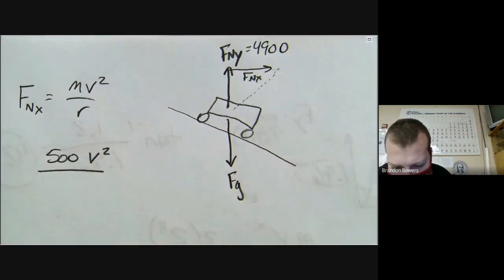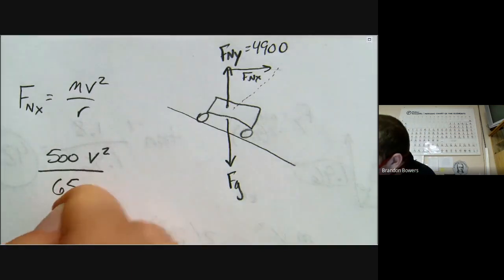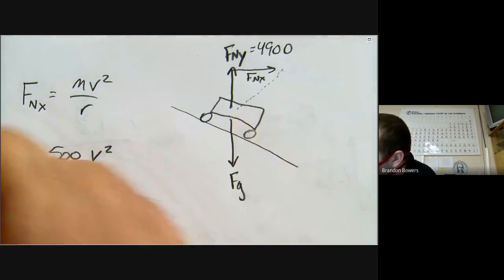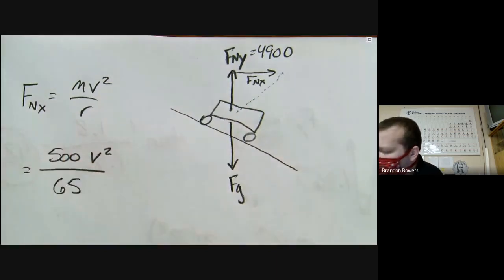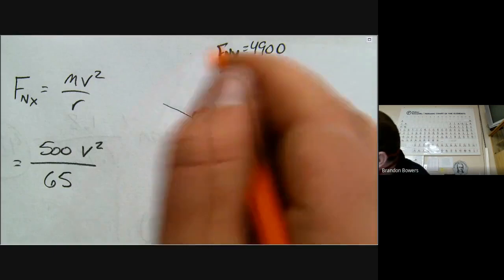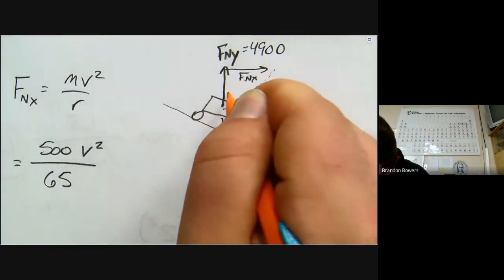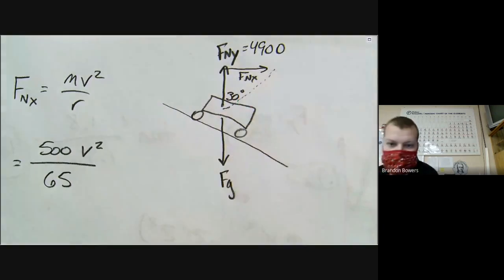My radius is 65. So I have to find my force normal in the x direction to solve this problem. Now, in my problem, I'm told what angle I have, correct? Yes. That's probably what I was missing up here. So I'm missing my angle, which is 30 degrees.